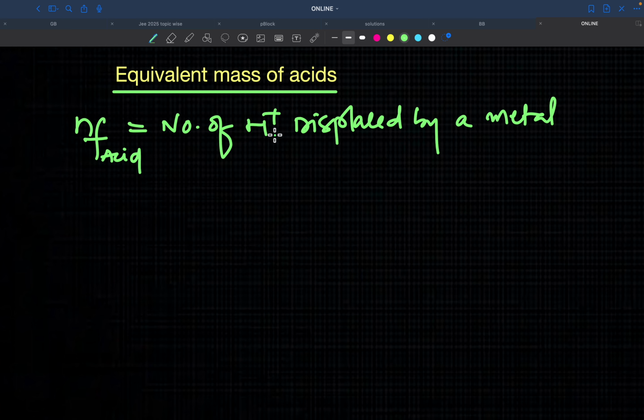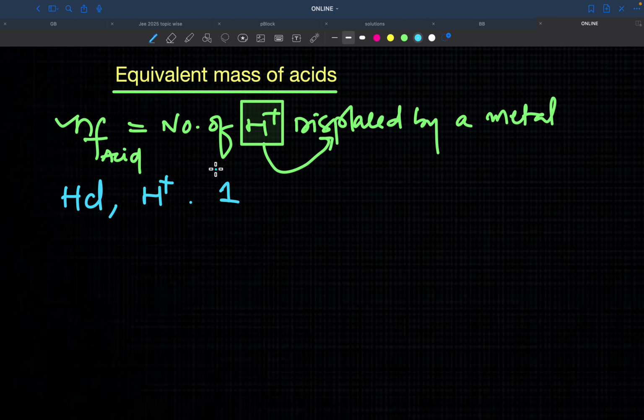That means you have to check for hydrogens, but all hydrogens are not equal to n factor. The hydrogens which are displaceable are the n factor. Let us take a few acids, then it will be very clear. We have HCl. How many hydrogens can be displaced? Only one. So n factor is 1. We have H2SO4.